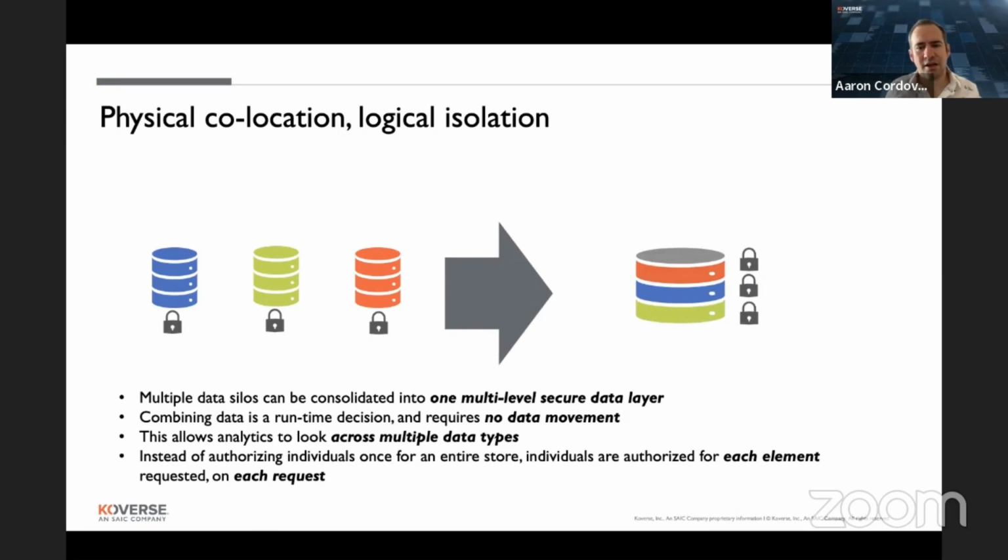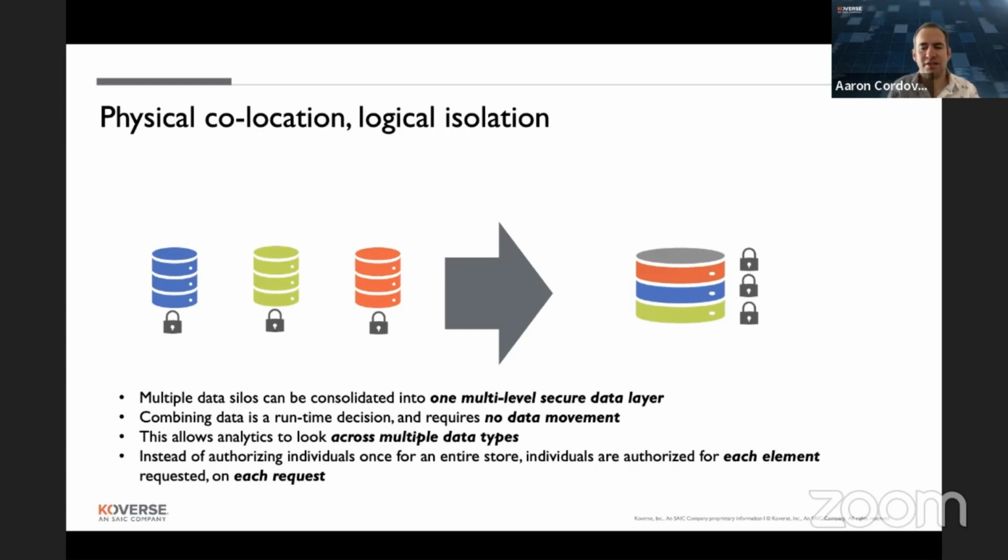work, what we're talking about with physical co-location and logical isolation is, again, if you have sufficient security controls, then physically co-locating the data does not create any new problems. It doesn't make it any easier for someone that has access to one data set to turn around and access the next data set just because they're physically co-located, because there's strong logical isolation in place.